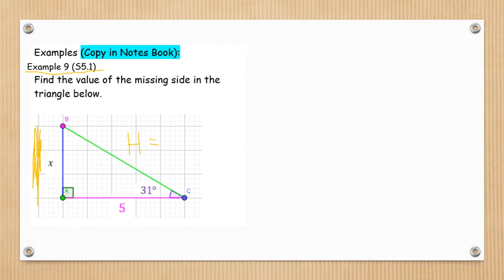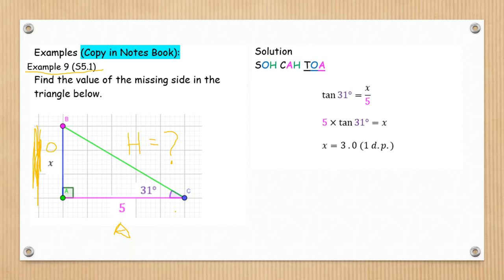And we don't know that, so we're not going to use sine or cos. We know that the opposite is x and the adjacent is 5. So it's not sine, it's not cos, but it's TOA that we're going to use.